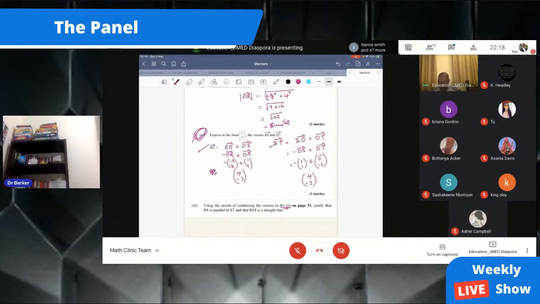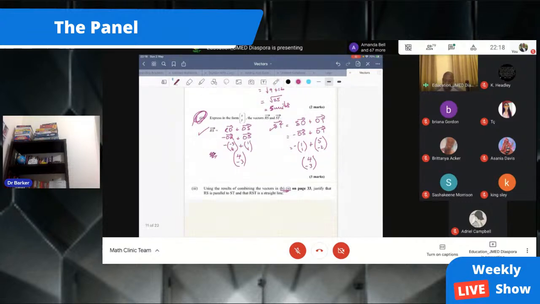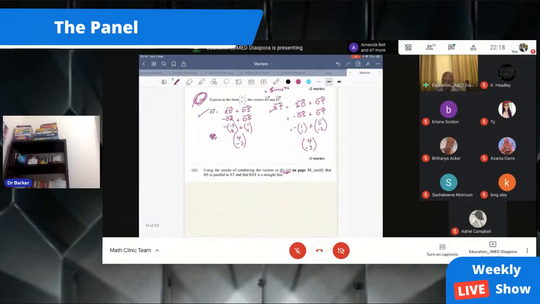They are parallel because they are running in the same direction. That's what makes them parallel. But look at what I'm going to do now to prove that point.